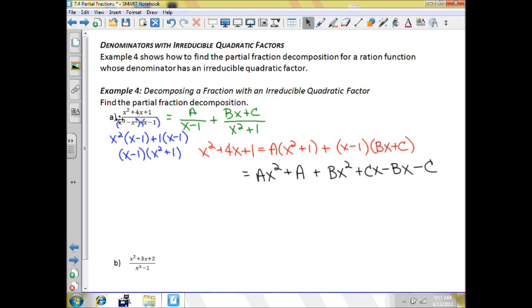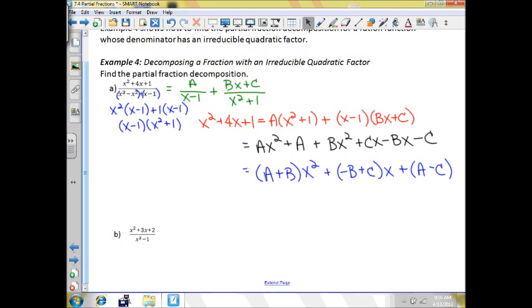Now we will need to simplify and combine our like terms. So A plus B x squared plus A negative B plus C x plus A minus C. So that means our equations will be A plus B is equal to 1, negative B plus C is equal to 4, A minus C is equal to 1.